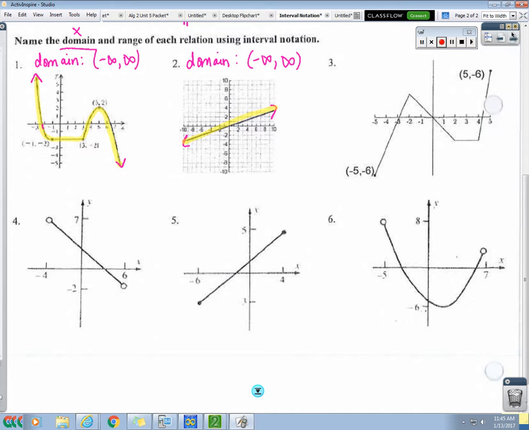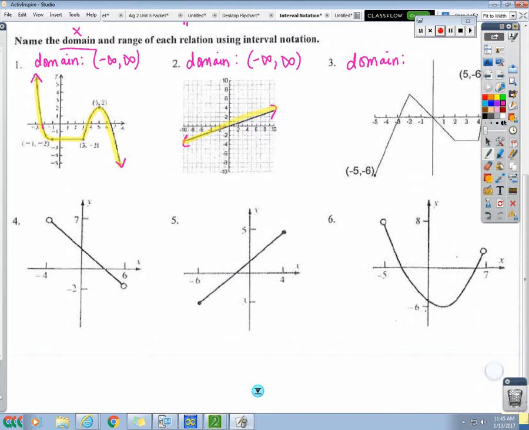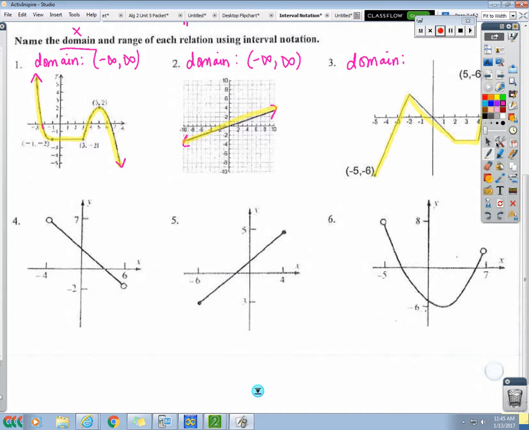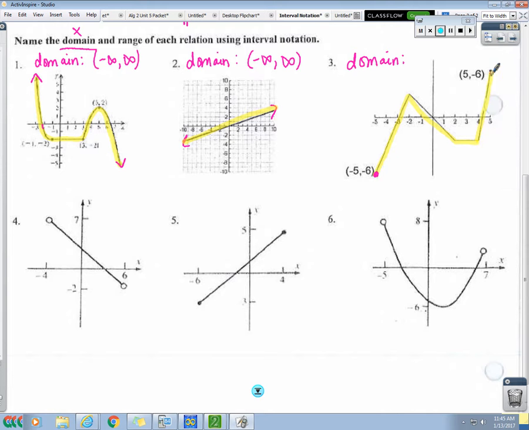Okay, now let's talk about the domain of number 3. This time I'll shade the solutions. They go from here, and then down, and then over, and then back up. Now remember, domain is only concerned with the x-axis. And wasn't this a closed dot right there and right here?